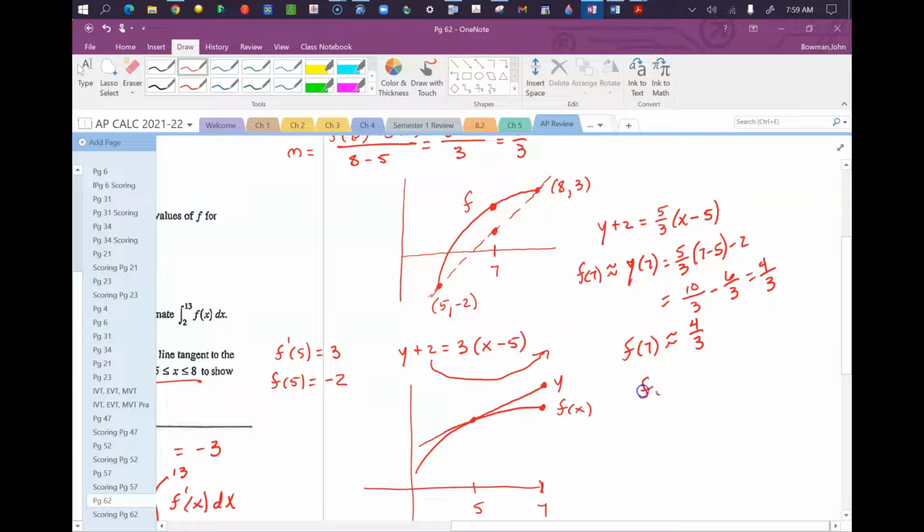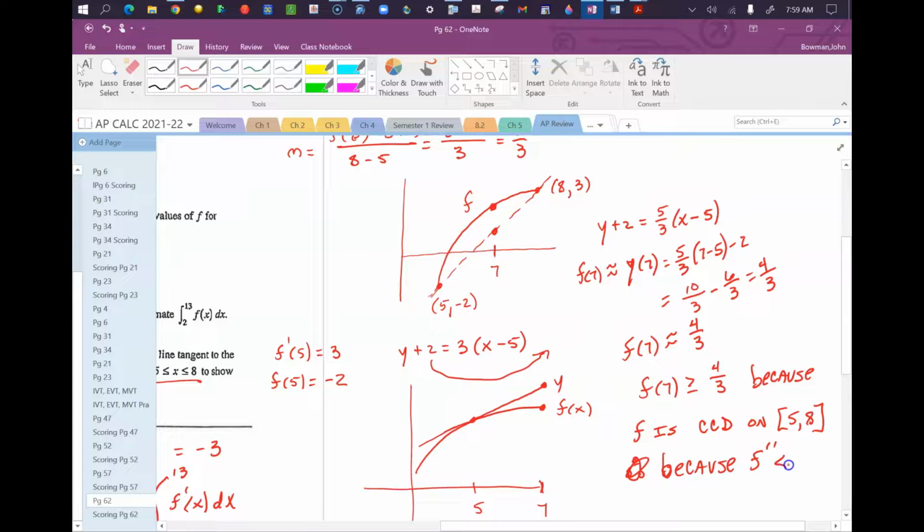So f of 7 is greater than or equal to 4/3 because f is concave down on the interval from 5 to 8. Therefore, because f double prime is less than 0.